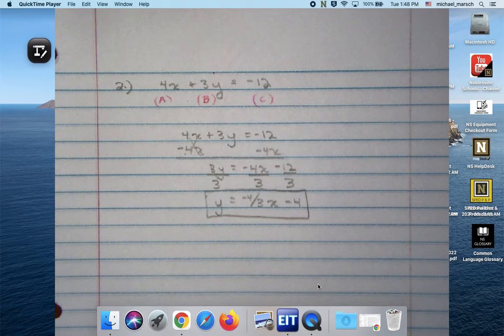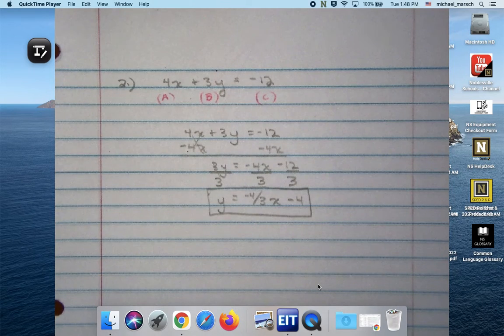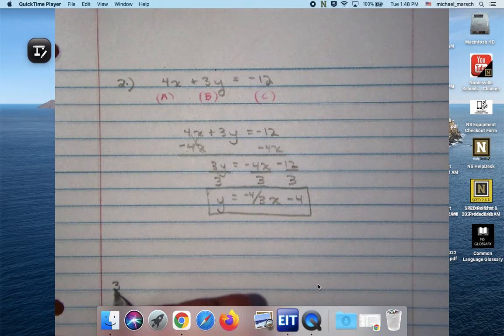I would flip-flop them into slope-intercept form, so that if you then have to graph it, you can see what your slope is. Just make sure you see the y symbols, rearrange them, and make sure the signs fit. Okay, I'm seeing lots of successes. Negative 4/3 x minus 4. Yeah? All right, let's do one more.